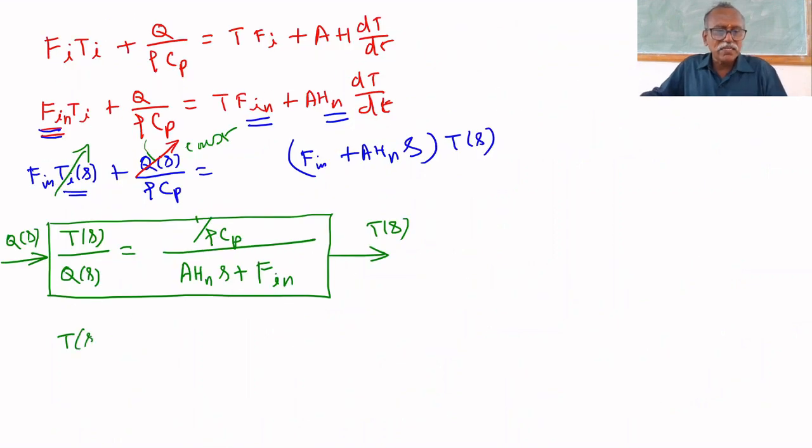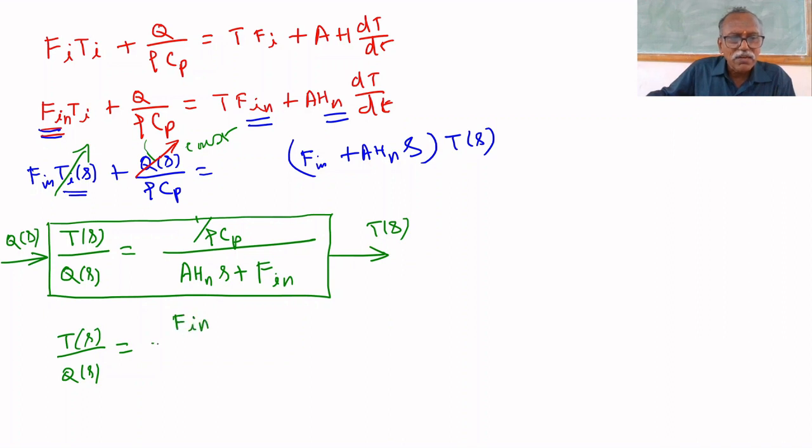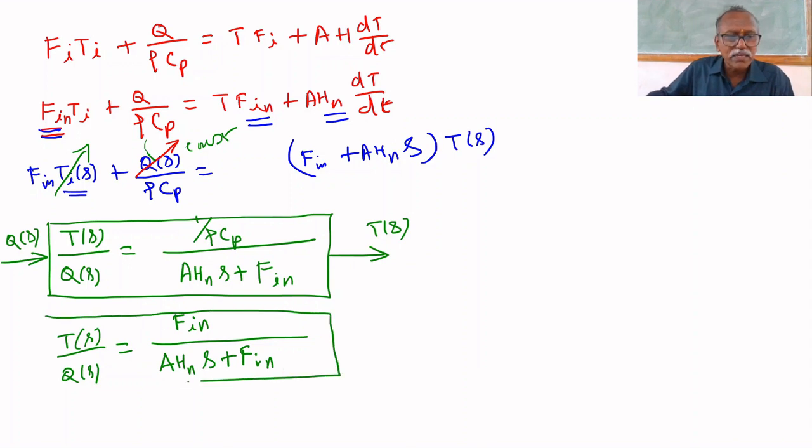Therefore, T of s equal to Fi nominal, the inflow rate at nominal, which is constant, upon (A Hn s plus Fi nominal), multiplied by Ti of s. This is the mathematical model.